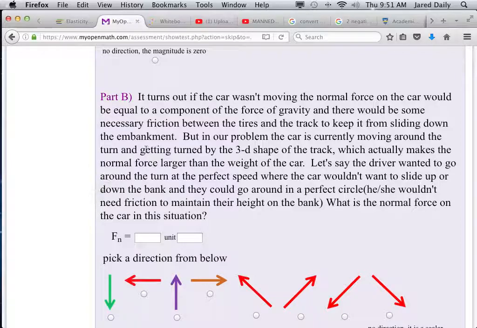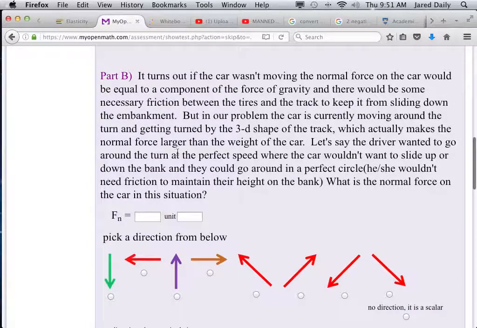Well, let's see, they talk about that here. They call it a centripetal force, right? And what they say here is the car is getting turned by the 3D shape of the track, which makes the normal force larger than the weight of the car. The driver wants to go around at a perfect speed where it won't slide up and down, so it'll need friction to maintain its height.